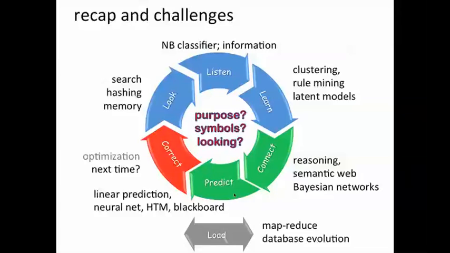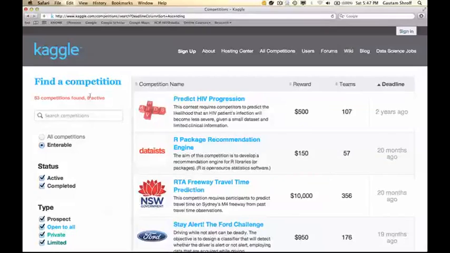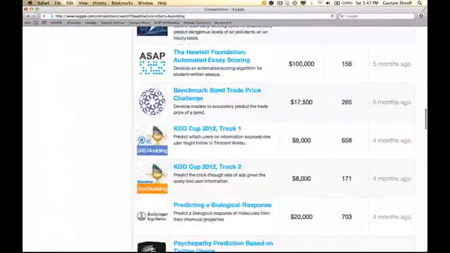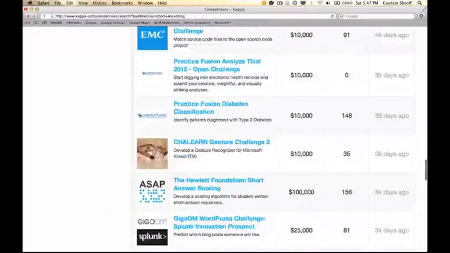For those of you looking for more practical challenges, I'd like to point you to Kaggle, which is a site where organizations, both governments and companies, post data and problems about that data and invite people to compete for prizes if one can do some great data analytics using that data. There are lots of competitions up there.